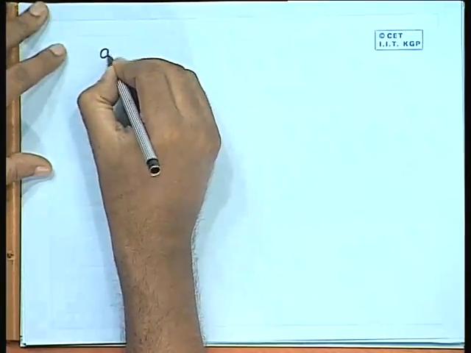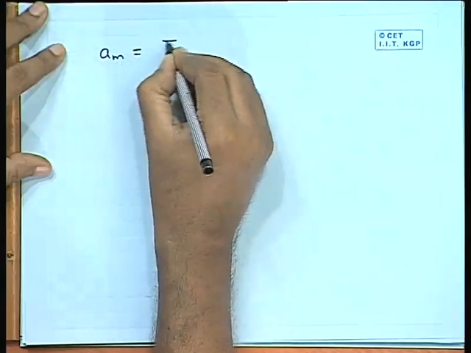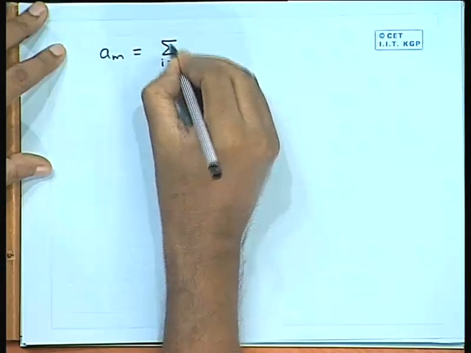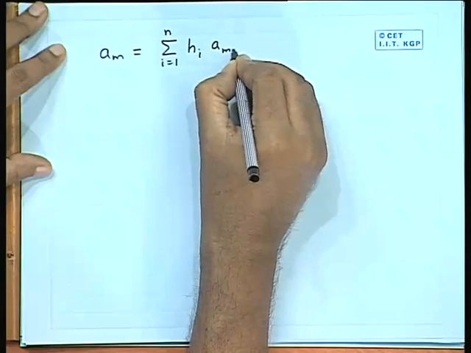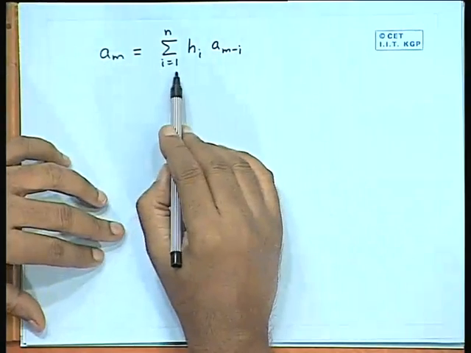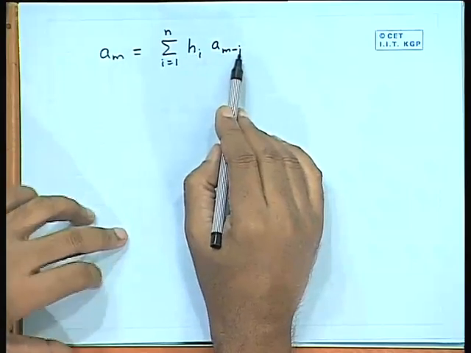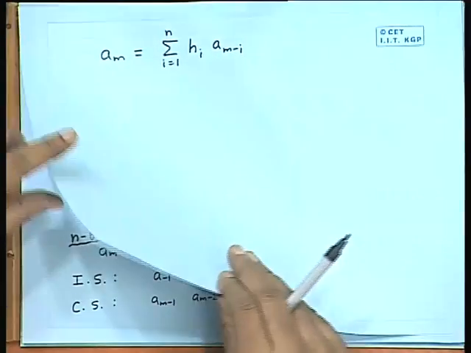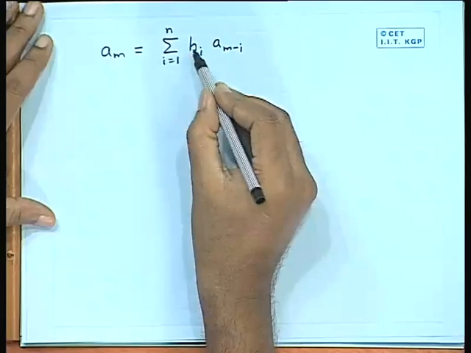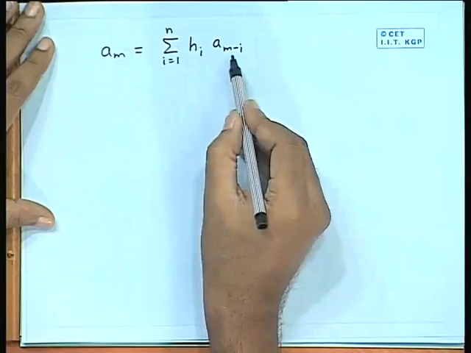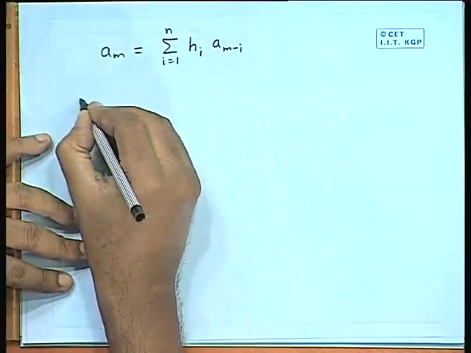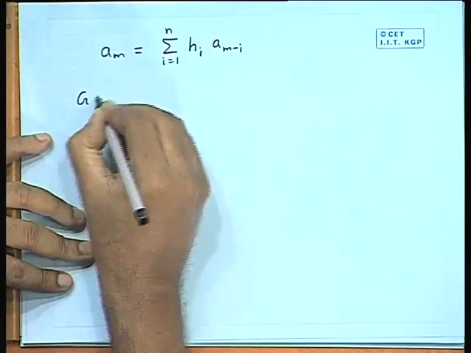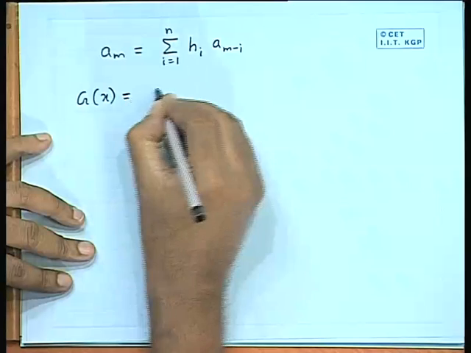So, we can write down this a(m) as follows: summation over i equal to 1 to n of h(i) a(m-i). So, if i is 1, h1 a(m-1); just to observe, h1 is the weight associated with a(m-1), h2 with a(m-2) and so on. Well, with this a(m), now again you go back to the expression for G(x) which we had computed earlier.